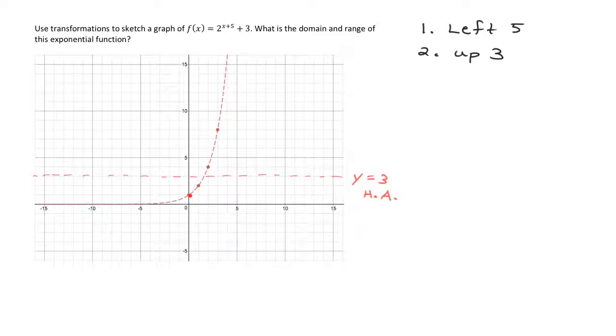So this is the point 0, 1. If it goes left 5 and up 3, we end up at negative 5, 4. So I'm going to plot that point. If I do this with the point 1, 2, we will go left 5 and up 3 to negative 4, 5.